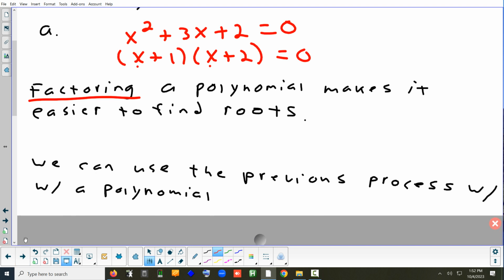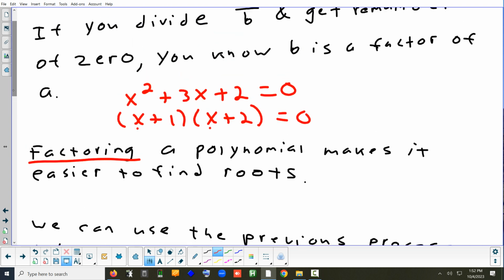So that process that I just showed you guys, taking 12 and dividing by 3 to figure out the factor we didn't know, you can do the same thing with a polynomial. Let's say you didn't know how to factor x squared plus 3x plus 2, but I told you that it's something times something, and one of the factors is x plus 1.